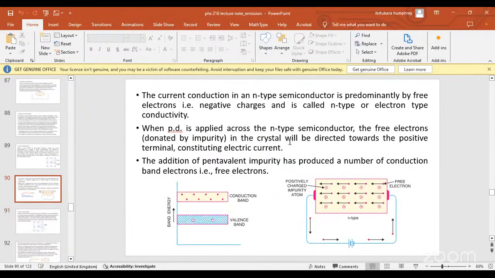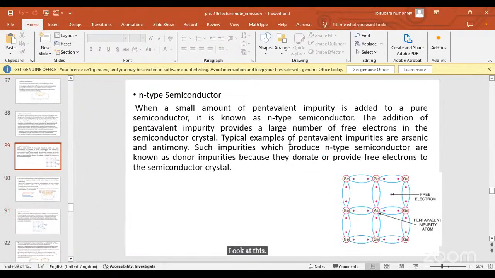Let me bring your attention to something here. The arsenic, that is the pentavalent impurity atom, is referred to as a donor impurity, because they donate their electrons.